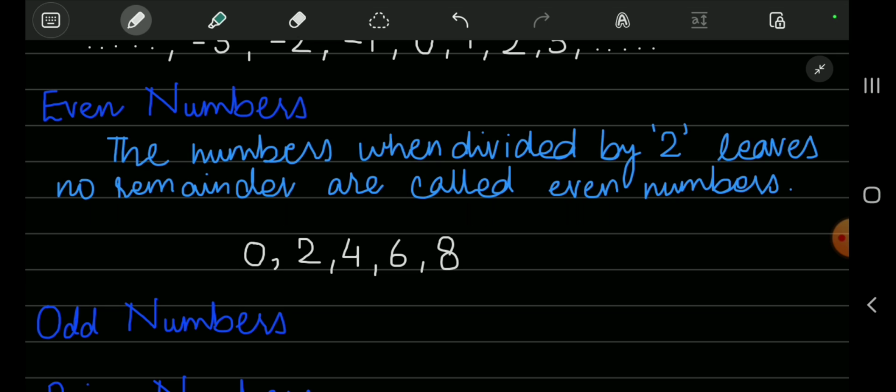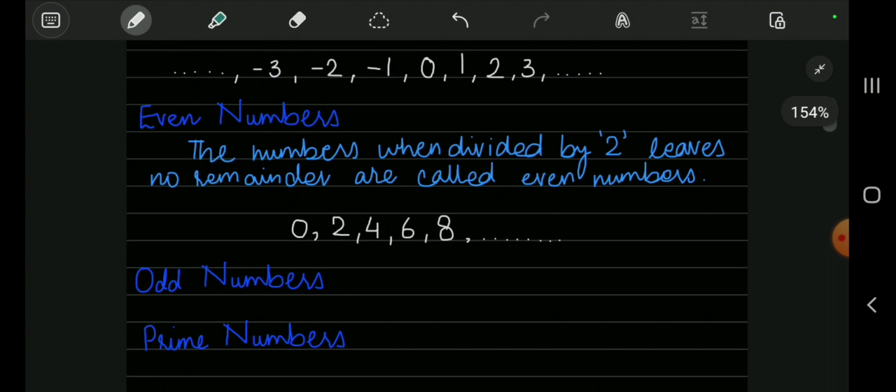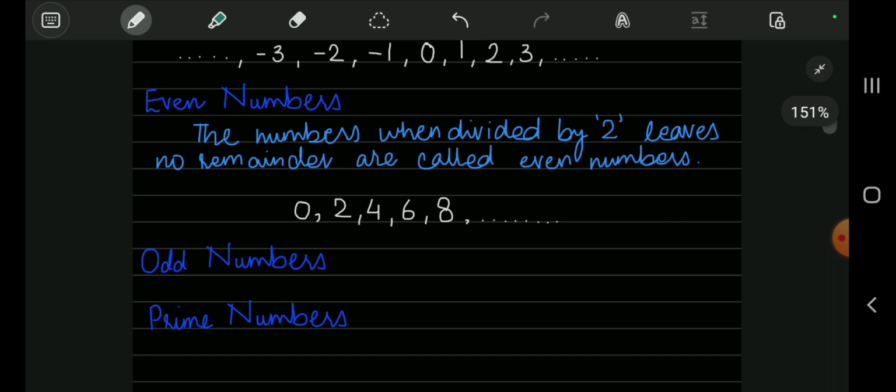Also, this is all about one-digit numbers. How do we identify a 2-digit, 3-digit, 4-digit or 5-digit number as an even number?